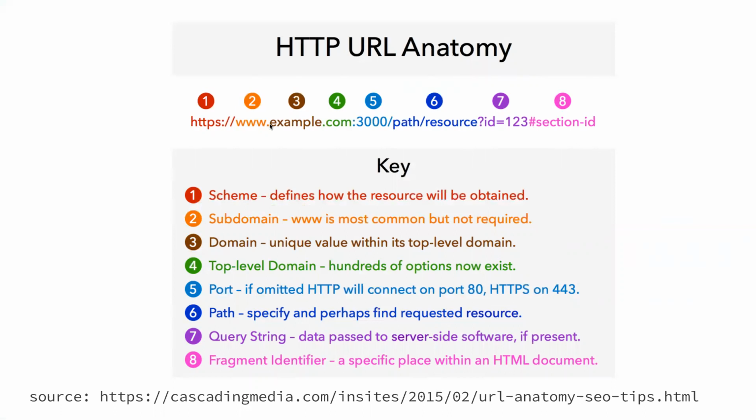Then the subdomain, domain, and top-level domain, I'm not so interested in separating. I just got this off the web and it had pretty colors. So this really is the server. 2, 3, and 4, that's the server.